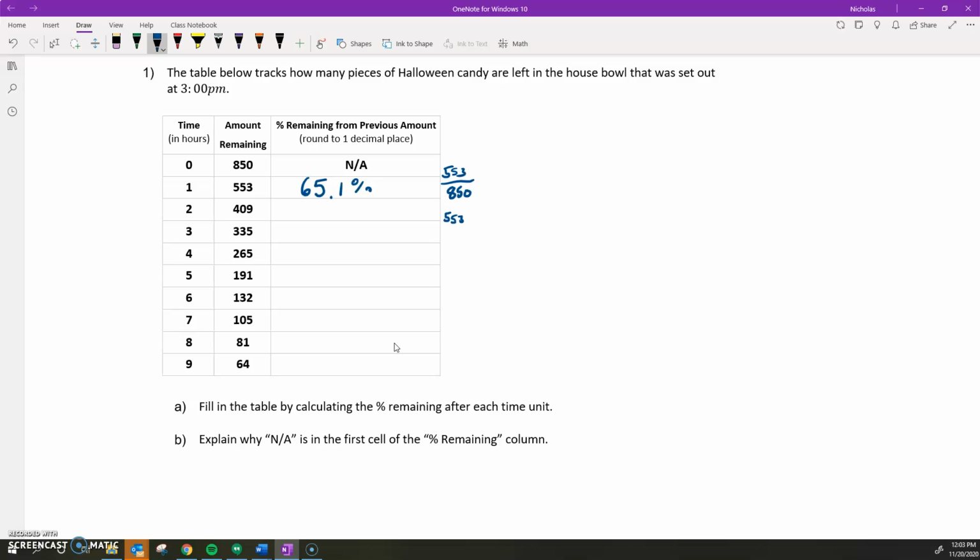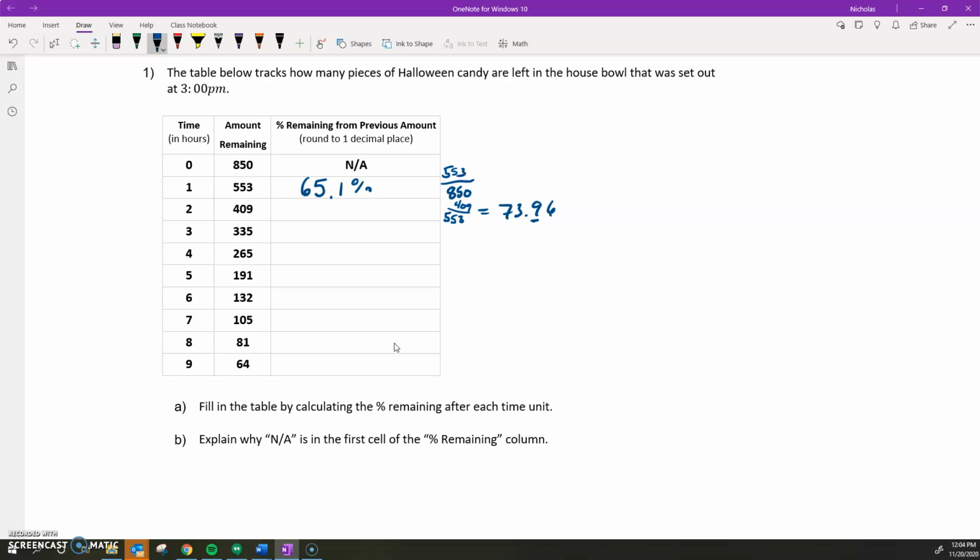Now, we're going to, again, do a similar thing here, but we're going to take hour number one, which was 553, and divide that by the current amount remaining, which is 409. So 409 divided by 553, and then that gives me 0.3796. If I times this by 100, I get 73.96.